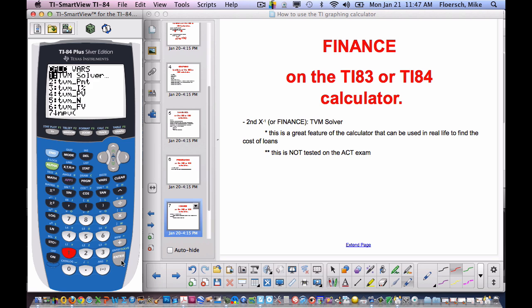There's your TVM solver. I hit enter. And N is the number of months. Let's say I have a 5-year loan, so 60 months. Interest rate is 1.9%. My principal value, I am getting out a loan for $15,000 on my car.